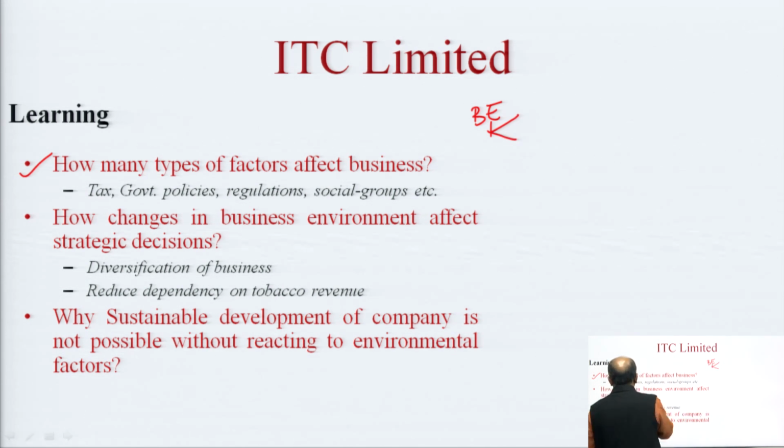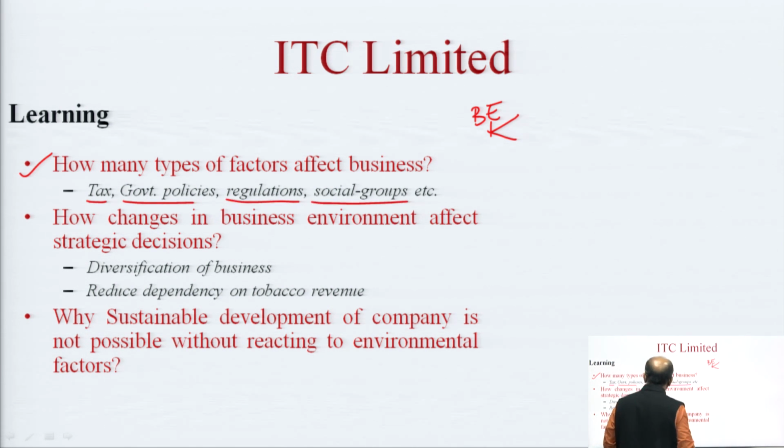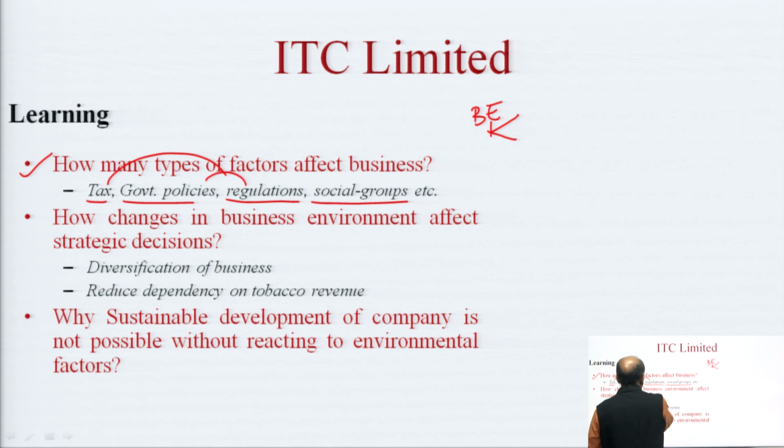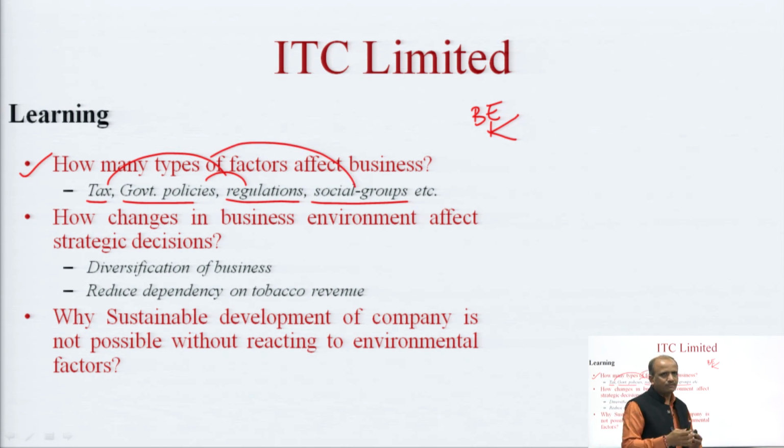For example, in this case, taxes, government policies, regulations, social groups, these are some of the factors. But other than this, I can club up, for example, government policies with regulation, government policies, regulation with taxes, government policies, taxes, and social groups. So interaction is very important.